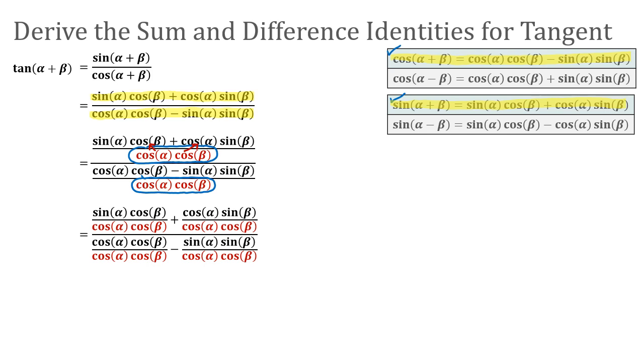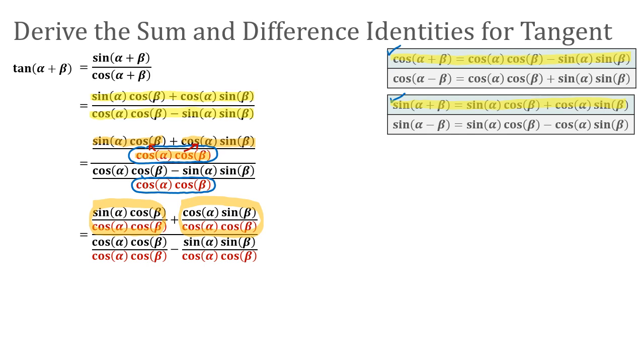So sine of alpha times cosine of beta divided by this cosine of alpha, cosine of beta, that's what is right here in my very first term. Then plus cosine of alpha times sine of beta, divided by the cosine of alpha times the cosine of beta.